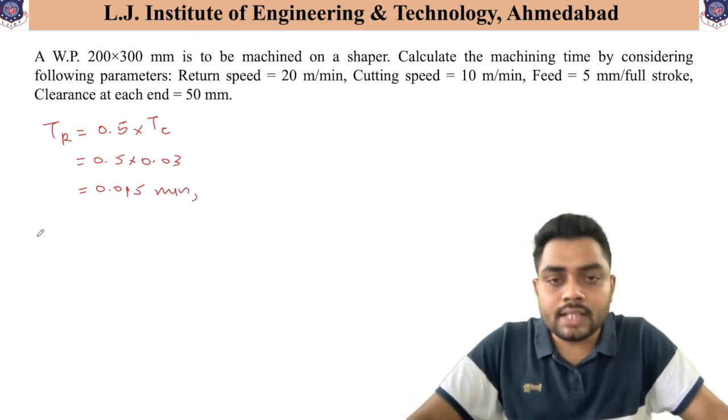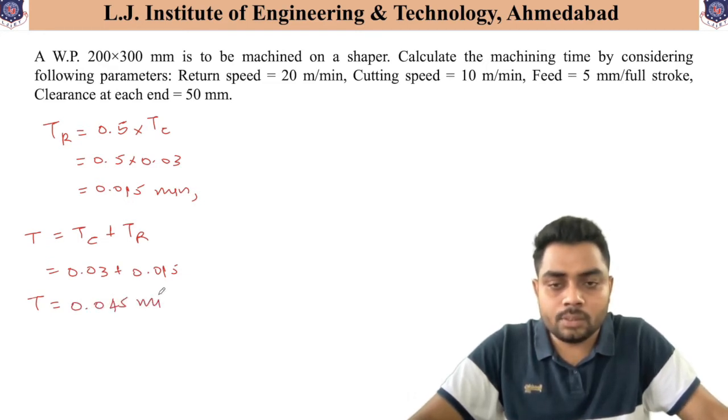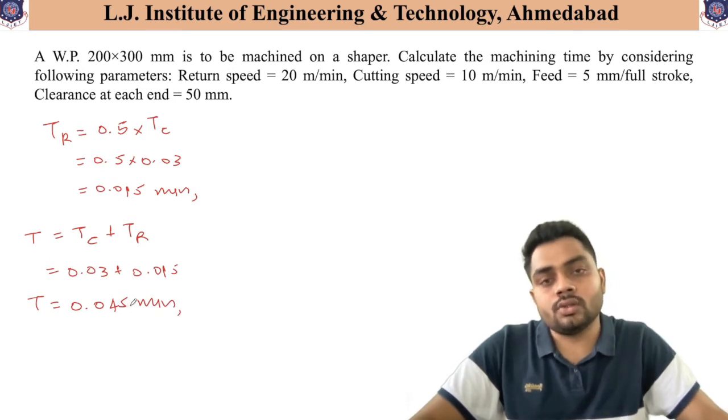So now the total time required for the full stroke is what? Time for cutting plus time of return. So time for cutting is what? That we have already found, that is 0.03, and this is 0.015. So the total time required is 0.045 minute to complete one full stroke.